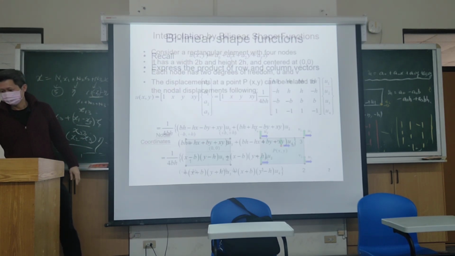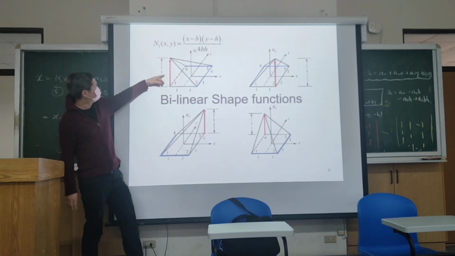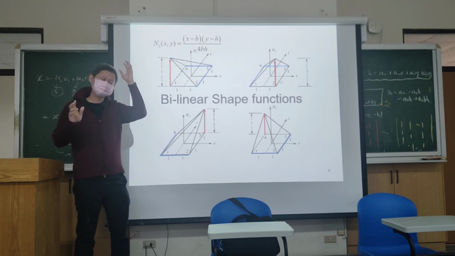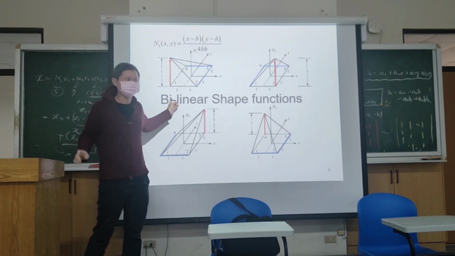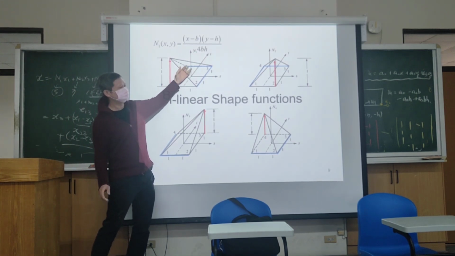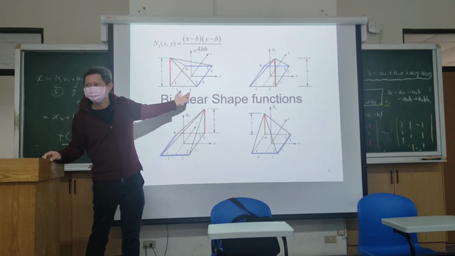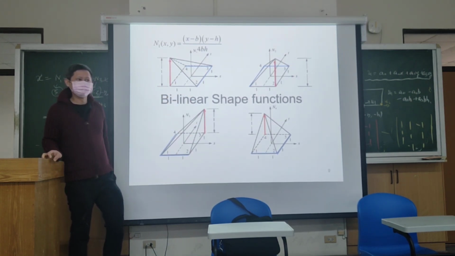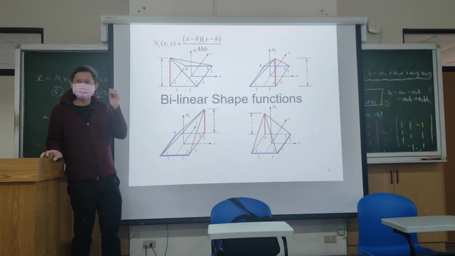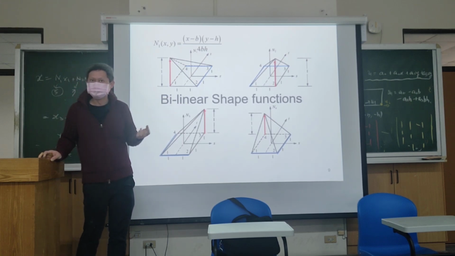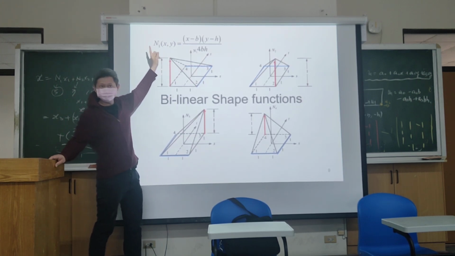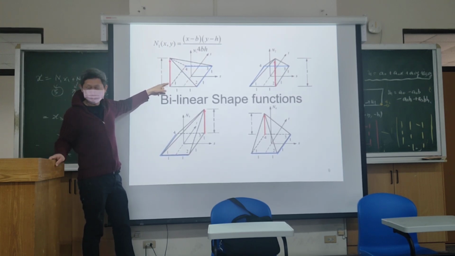N1, shape function 1, should be 1 at node 1 and 0 at the opposite sides. So what you have now is a pyramid, not a triangular cone. What is this cone called? A tetrahedron? Is it a tetrahedron? 1, 2, 3, 4, is there? A pyramid. Okay, you can treat it as a pyramid. Okay, so now this shape function becomes a pyramid. Previously, the shape function looked like a tetrahedron. Okay, so this is a section of the pyramid which has the value of 1 and not 1.